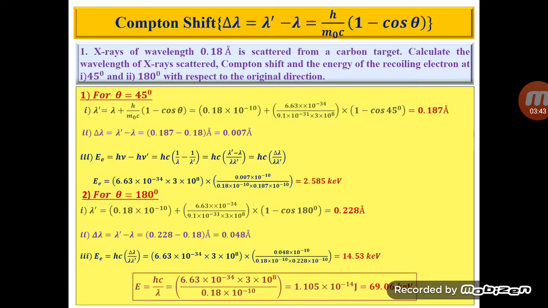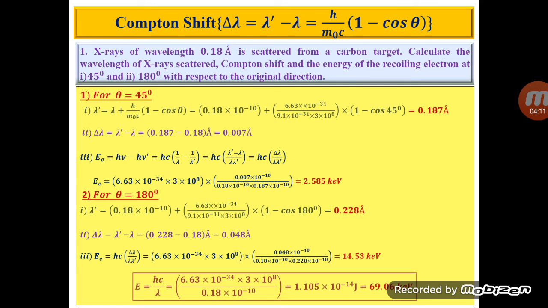Now let us consider the next concept, that is the Compton effect or Compton scattering. The wavelength change observed during Compton scattering, which is called Compton shift, delta lambda is given by lambda prime minus lambda, which is equal to h by m naught c into 1 minus cos theta.